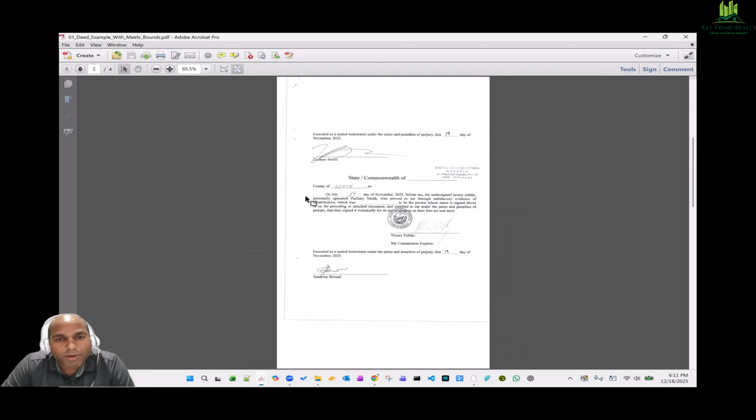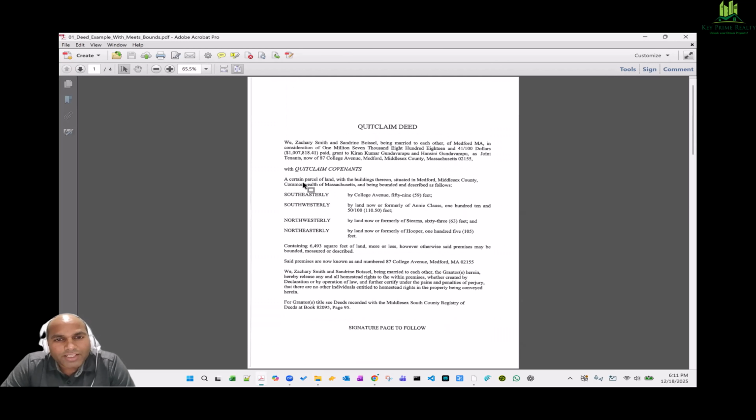It says a certain parcel of land with the buildings thereon situated in Medford and then the county, Commonwealth of Massachusetts, and being bounded and described as follows. So this is how the plot of land is really identified.